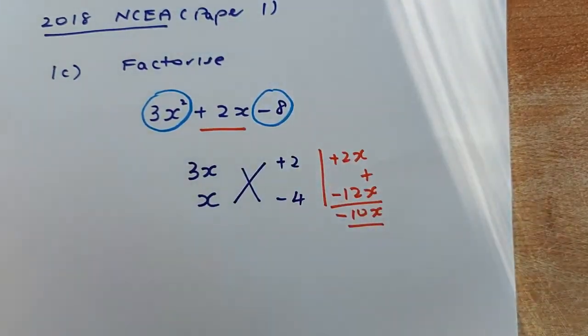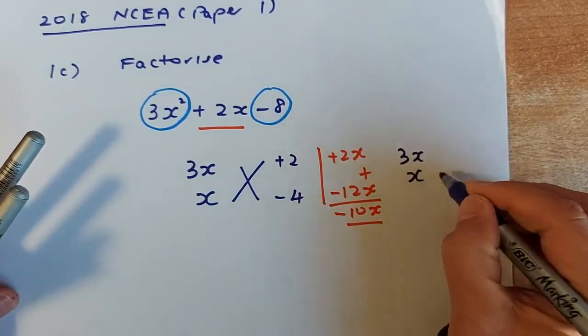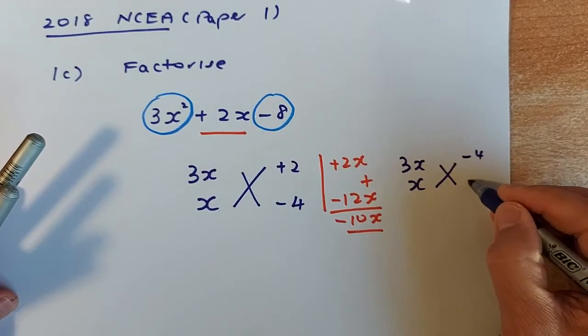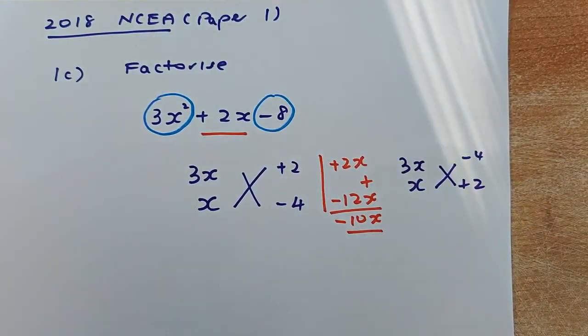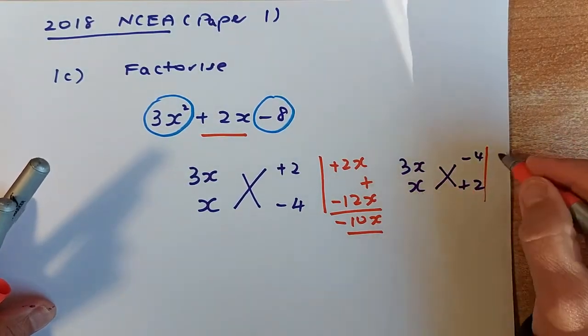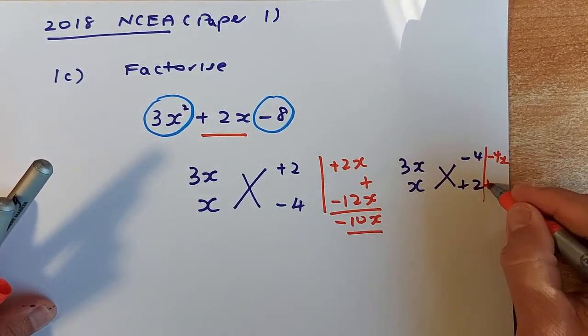The next possibility, we're going to try 3x and x, and then we are going to put negative 4 and positive 2. So x multiplied by minus 4 is minus 4x, and then 3x times 2 is going to be 6x.